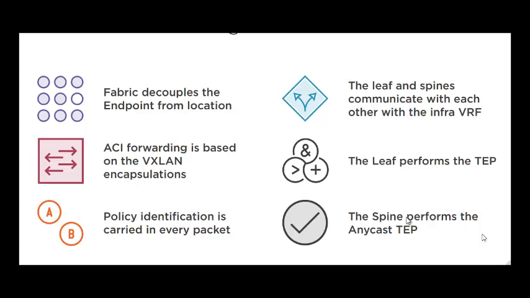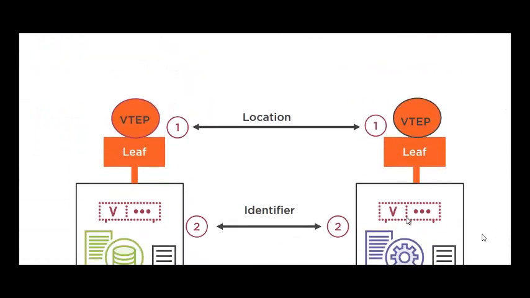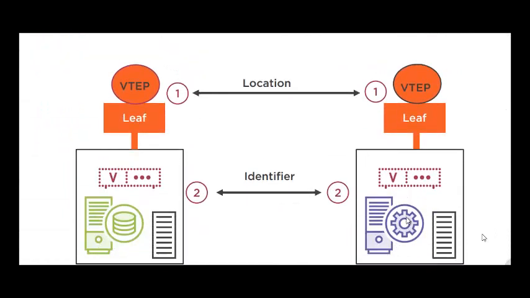Sometimes, if a packet goes through multiple spines, then on the receiving side there will be multiple duplicates. That's why spine performs anycast tunnel endpoint, using which duplication can be avoided. More detail of this is coming later. That will be the MAC address learning, endpoint learning topic. We'll be seeing that later.